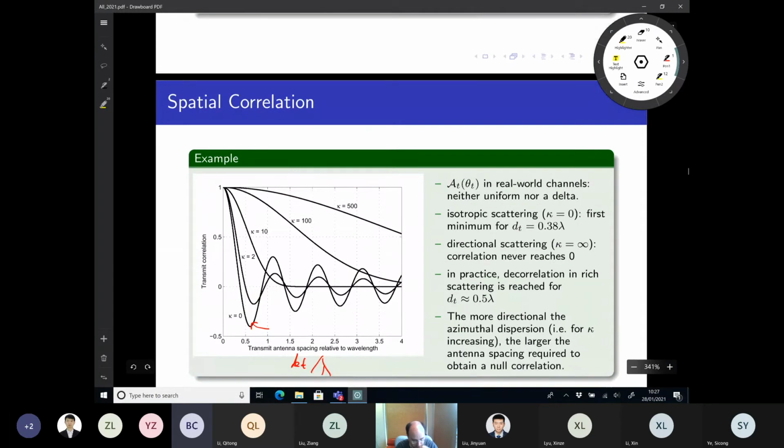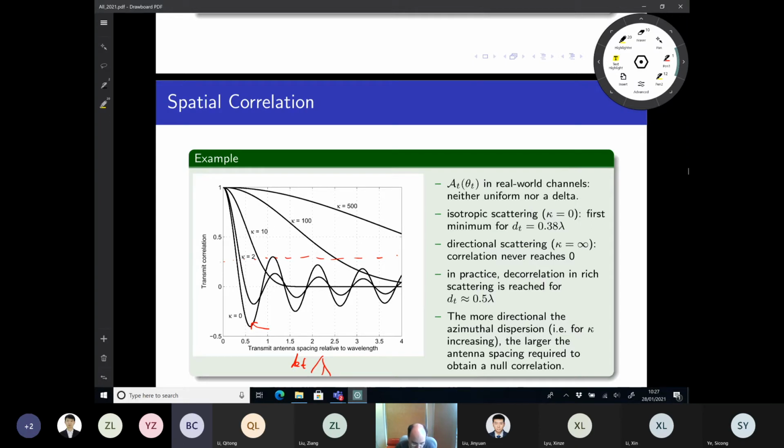And so what you note here is that the correlation coefficient decreases very quickly with the distance, and then it oscillates. But roughly, if you have a distance of roughly 0.5 wavelength, you have a transmit correlation coefficient that is relatively small, less than 0.2, 0.3.